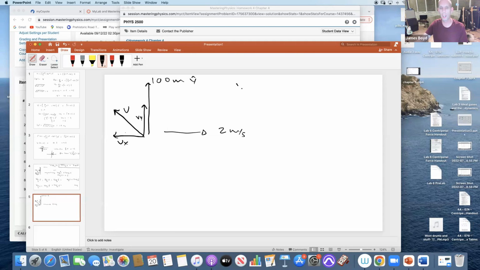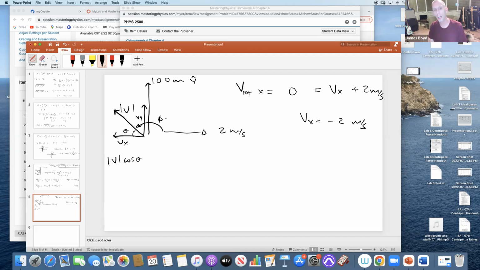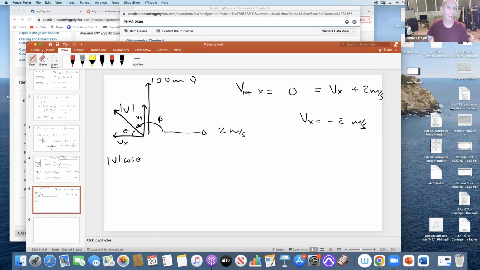So his x velocity, v total in x, is 0, and that's going to equal the velocity of the kayaker plus 2 meters per second, or the velocity of the kayaker in the x direction needs to be 2 meters per second. However, this is v cosine of some angle here. We'll figure out what that is. I actually want to use this one. So this is doing it without all the velocity addition stuff.